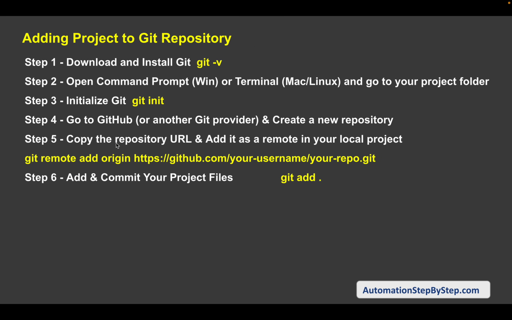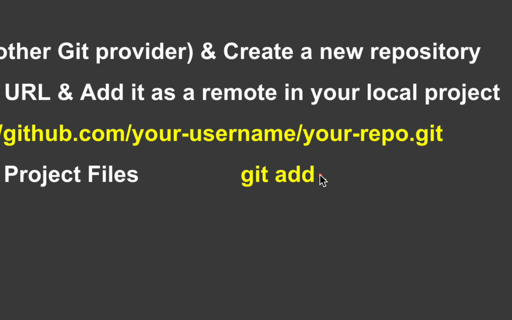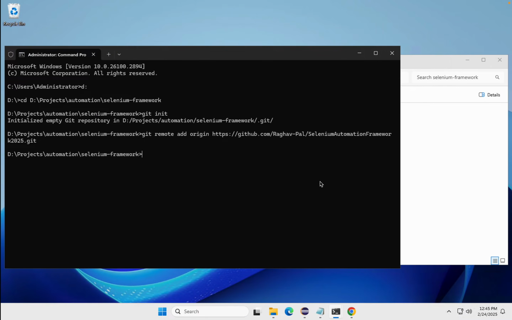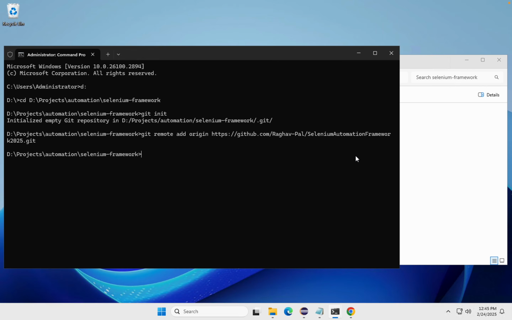Now after this we can add our project files on Git by saying git add dot. When we say git add dot, it means we are going to add everything that is present there. Otherwise we can also specify what we want to add, and here we can also use special characters.